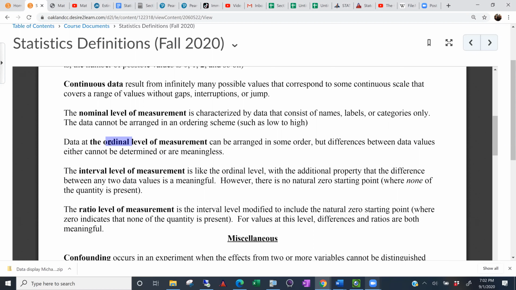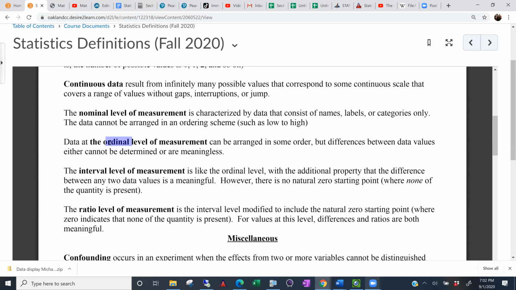But the thing about ordinal data is that you can't necessarily subtract things and get a meaningful difference. If you're looking at the quality of your blind date, excellent, good, fair, and oh my God, you can't exactly subtract those things and get a meaningful difference. But there is still some order and structure to the data.